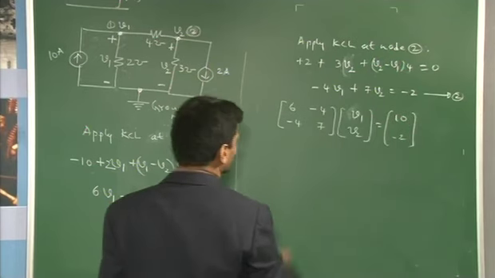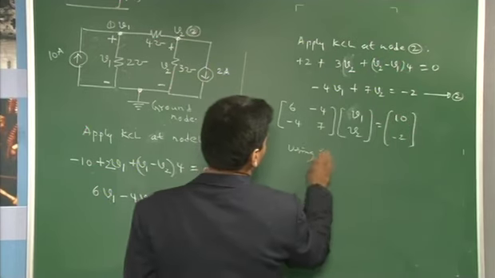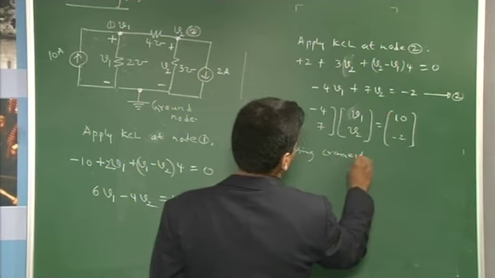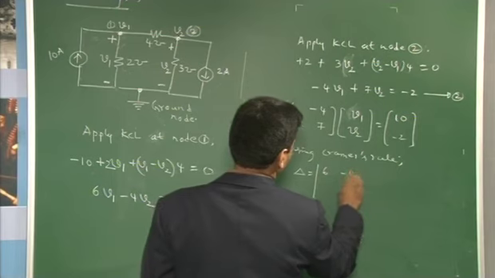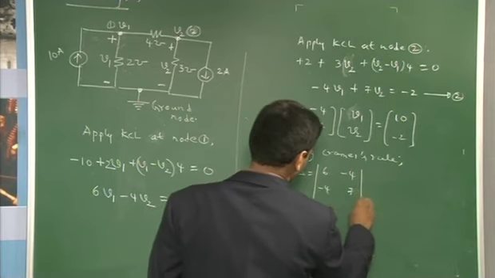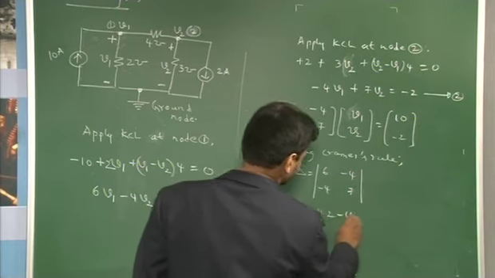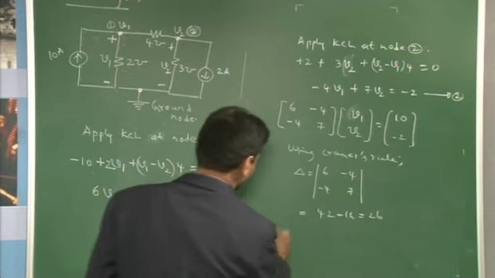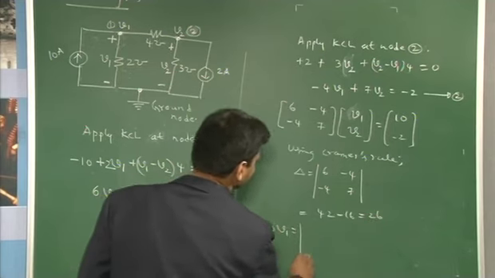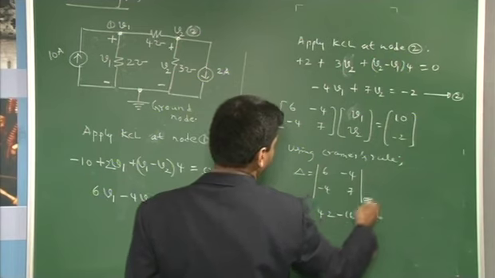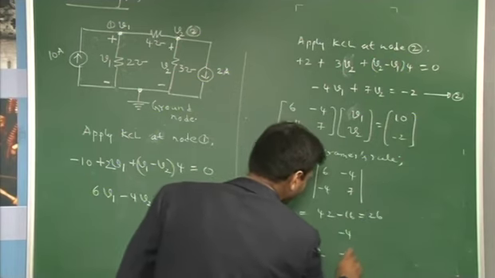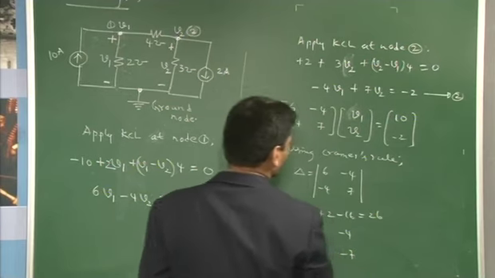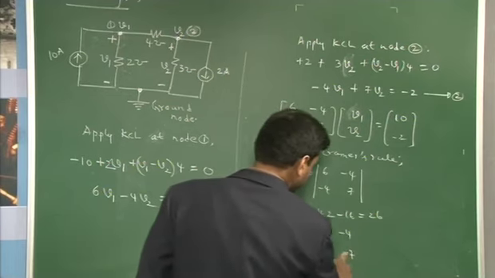Now, using Cramer's rule, what is delta? Delta is 6 minus 4, minus 4 7, which is 42 minus 16, 26. Then delta V1, right hand side should be substituted in the first column: 10 minus 2, minus 4 7.